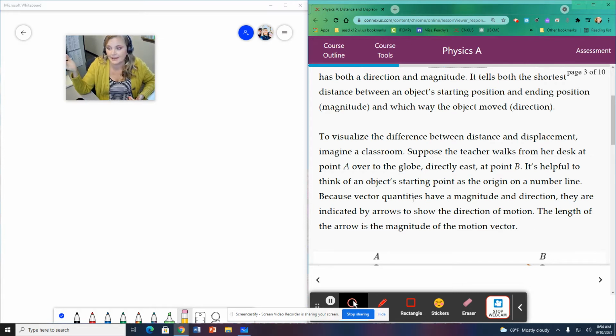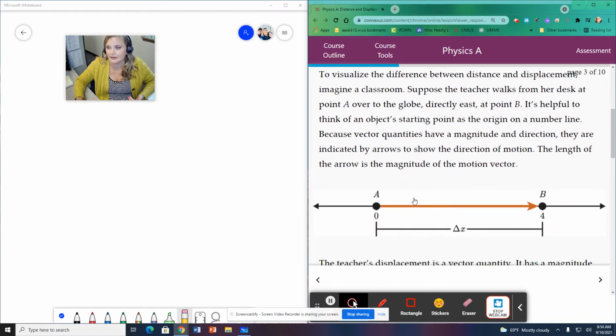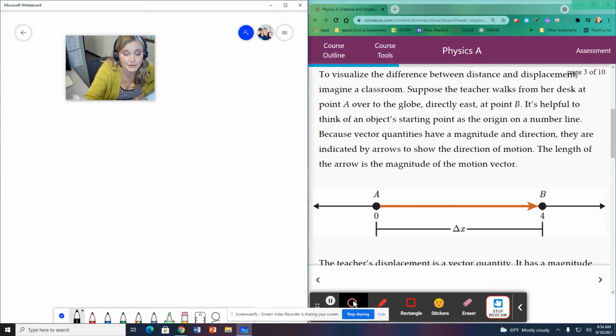It's helpful to think of an object's starting point as the origin on a number line. Because vector quantities have magnitude and direction, they are indicated by arrows to show the direction of motion. I'm going to stop reading from the slide. If this is me at point A, and I'm going to the globe, point B, to show you something, and I want to know how far I've traveled in distance, I measure from A to B, and then I turn around and come back.